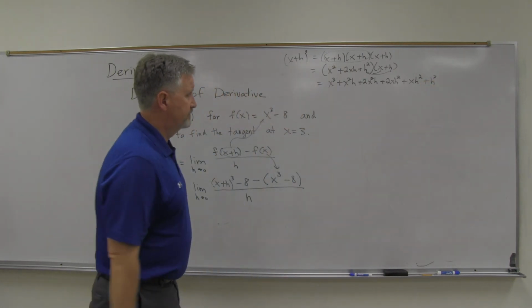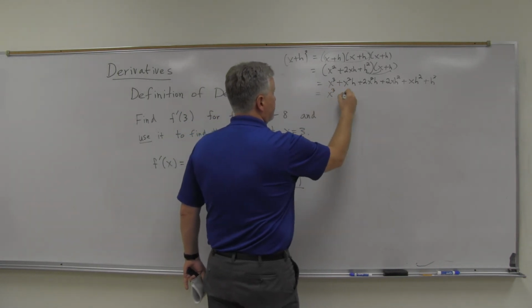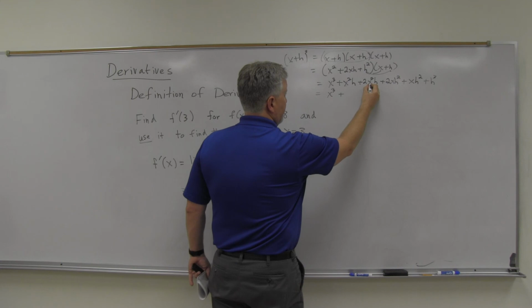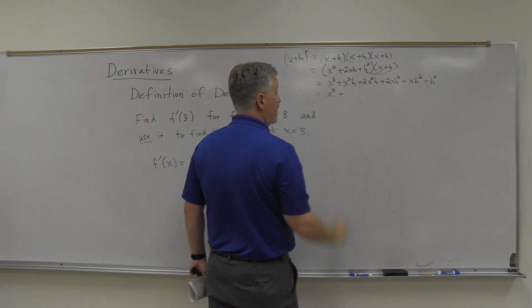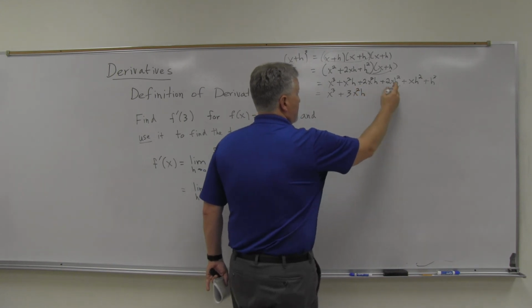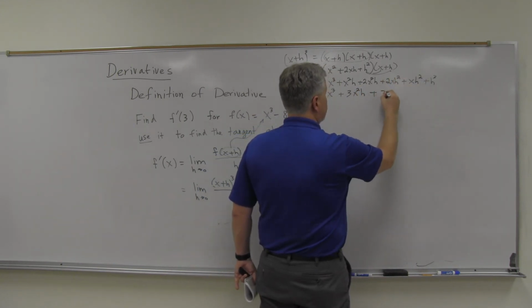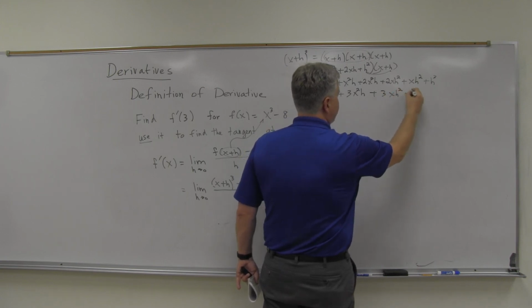And we do have some nice common terms here. You've got x cubed, x squared h, 1x squared h, 2x squared h, that's 3x squared h. 2xh squared, 1xh squared, that's 3xh squared.